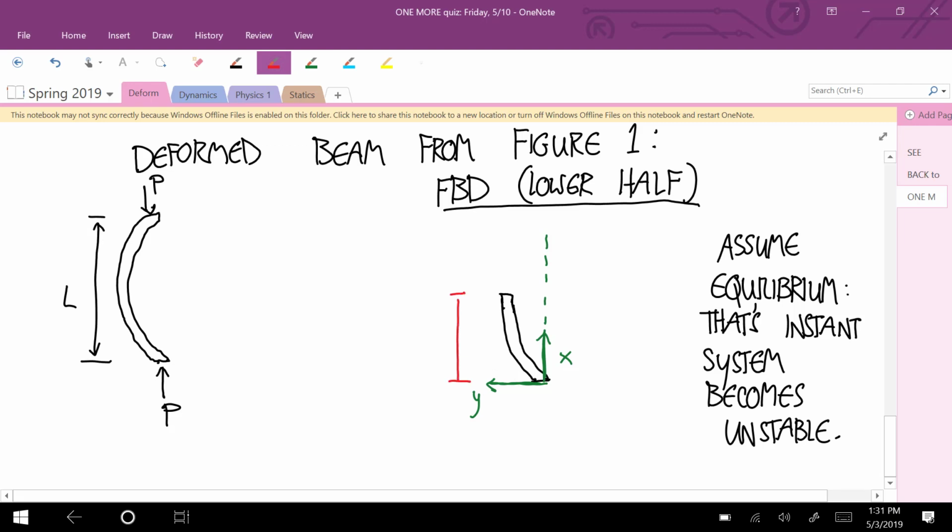This distance is L over 2, and this is V. And the forces are a P this way, a P this way, and a bending moment M.